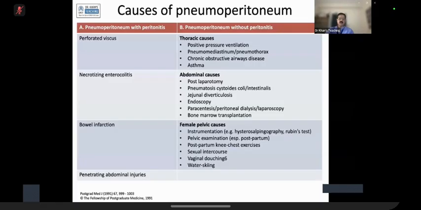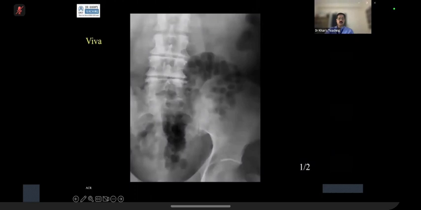So you have a patient who had a hysteroscopy, and you did a plain X-ray, and you might find pneumoperitoneum. So it is an incidental finding. Pelvic examinations, postmortem, sexual intercourse, vaginal douching, etc. So this is a key concept for you to remember.